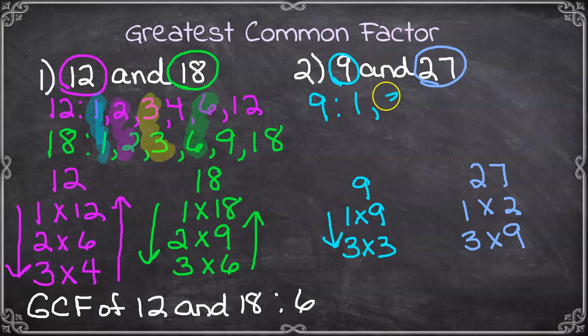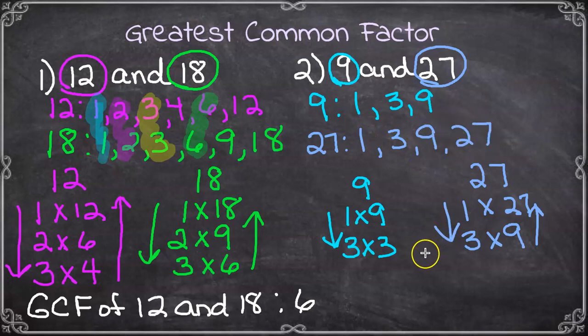So 1, 3, and 9 are the factors of 9. The factors of 27 are 1, 3, 9, and 27.